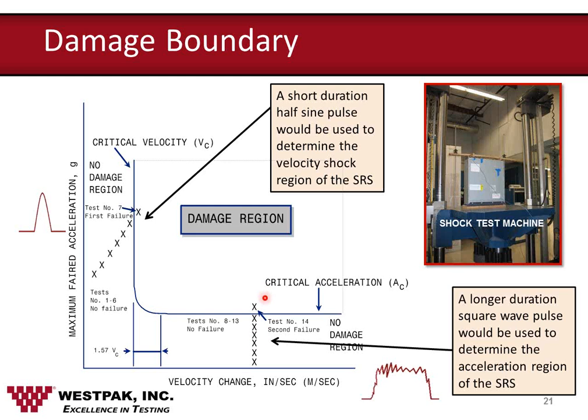The last non-damage producing pulse, or in this case the mean between those two, then determines the so-called critical acceleration for the product. So that's the nuts and bolts of this so-called damage boundary test.